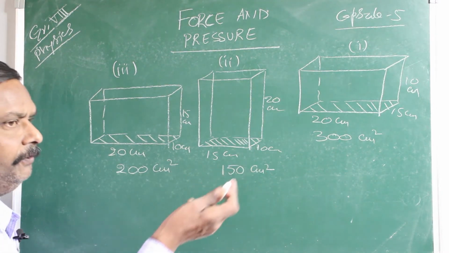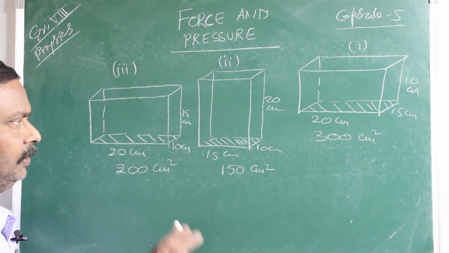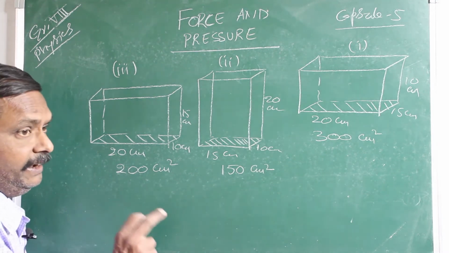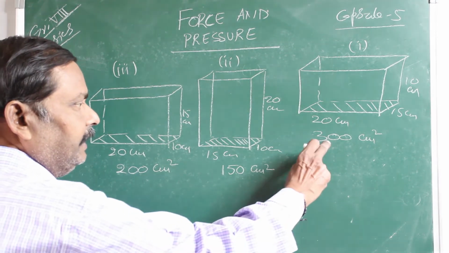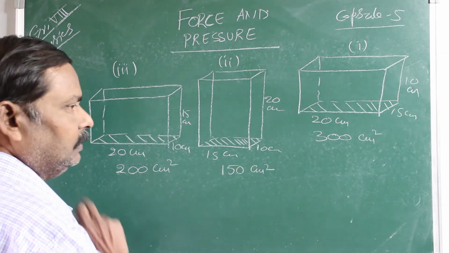Now if you keep different surfaces in contact with the table in different situations, the area of contact is different. Here the area of contact is 300, 150, and 200.